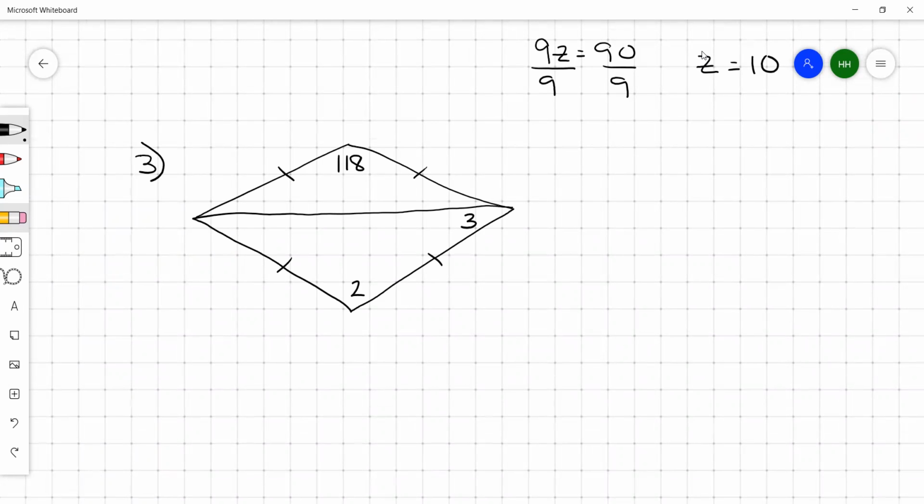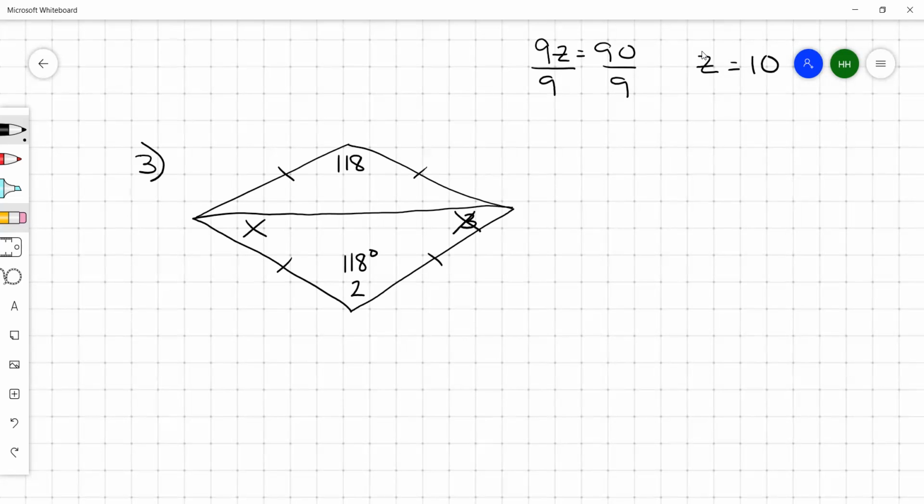So angle 2 down here is going to be 118. Now, on top you have an isosceles triangle, and on the bottom you have an isosceles triangle. So whatever angle 3 is over here is going to be the same as this angle on the left. So you can replace it with an x and an x.